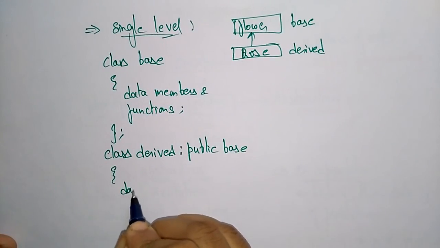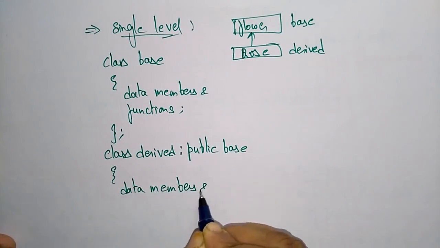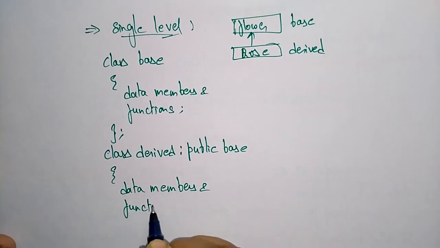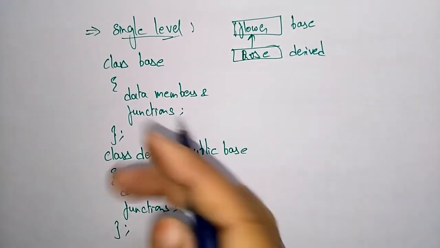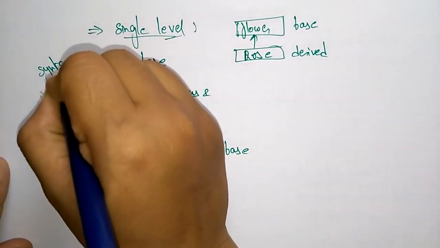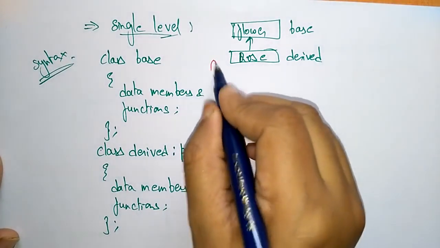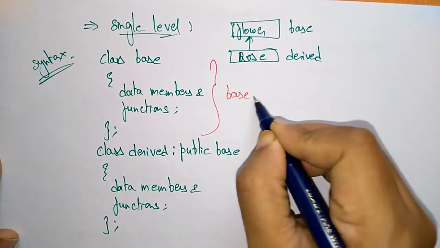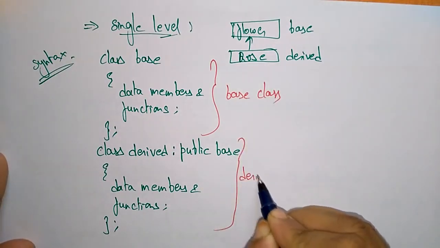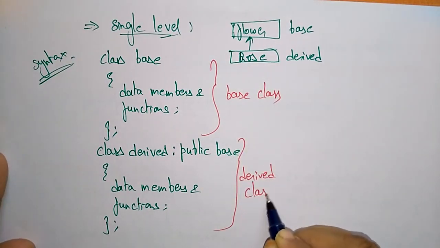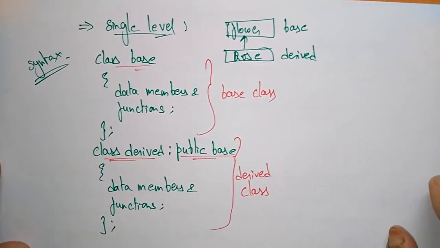Then you write the data members and functions. This is the syntax of single level inheritance: first you write the base class, and from the base class you derive the derived class.